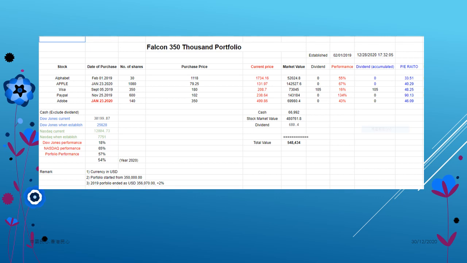So you can see the stocks we are holding, and I will update you every week. This is free of charge, no money needed. Our stocks are Google, Apple, Visa, PayPal, and Adobe, and we still have some cash.